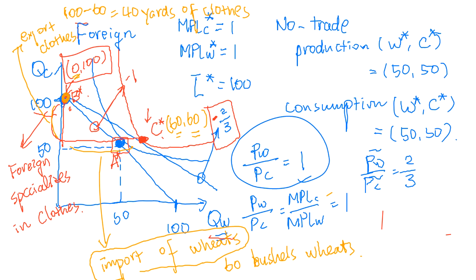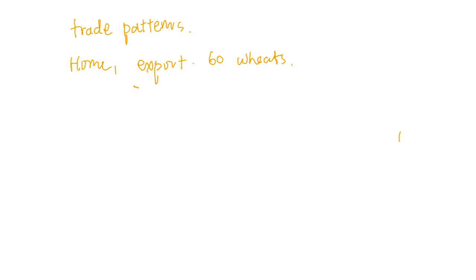So the next step is what? We already have the trade pattern, right? Which means I know which country exports what and how much. For the home country, I export 60 of the wheat and import how much?